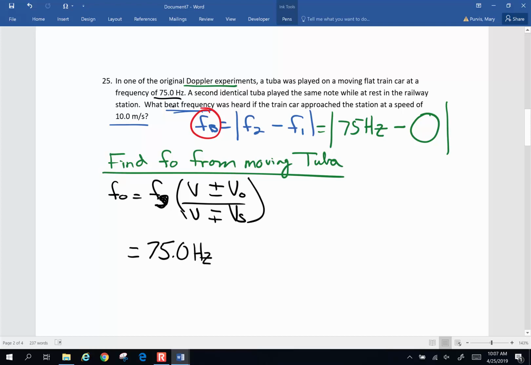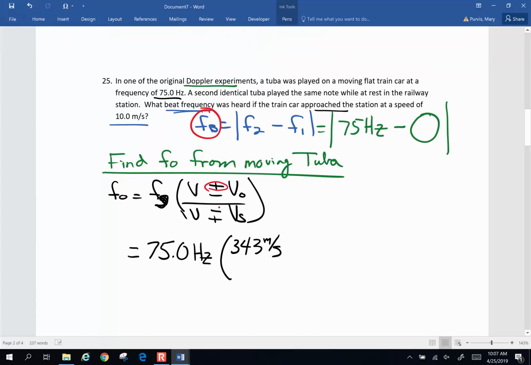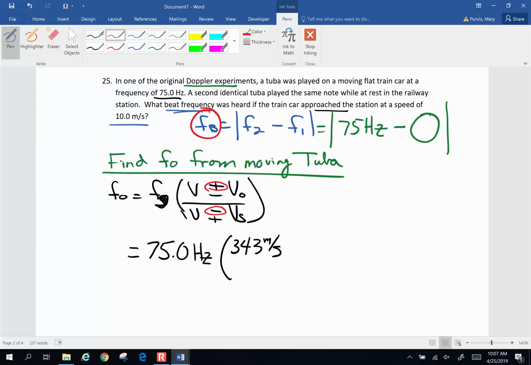The velocity of sound on that day, let's take a double check here. It says nothing about temperature, so we're going to go forth and use that 343 meters per second. Now, the train is approaching the station, approaching. So this is a towards situation. Because it's towards, we're going to use the top set of values.